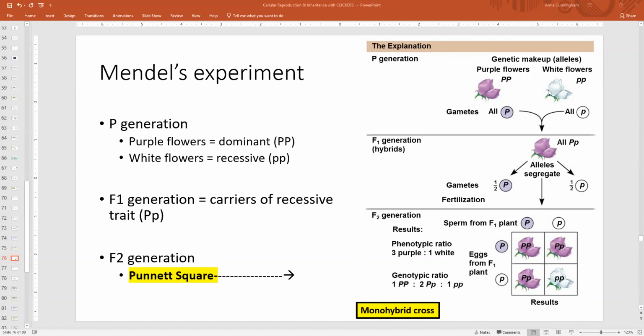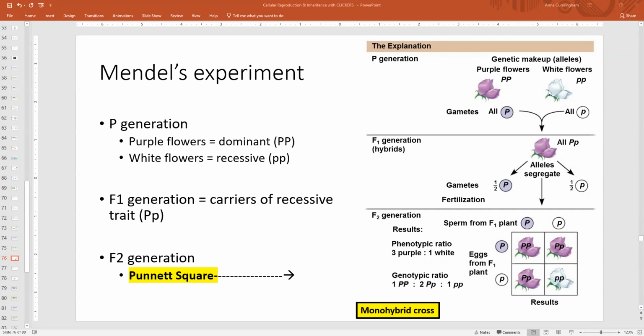So this would mean that they were homozygous for the purple allele. He also did the same thing for the white flowers. He bred white flowers together over and over until all of the offspring that resulted from crossing two white plants were white.